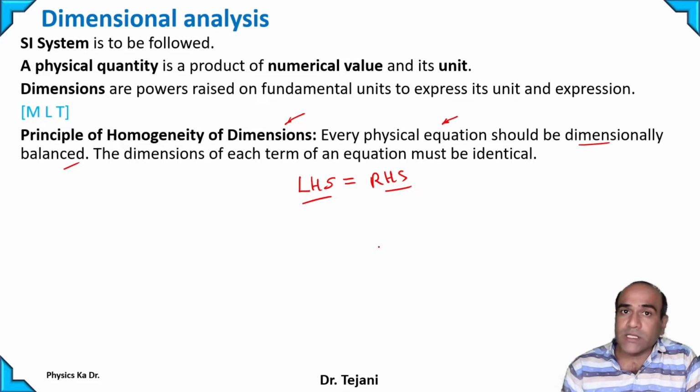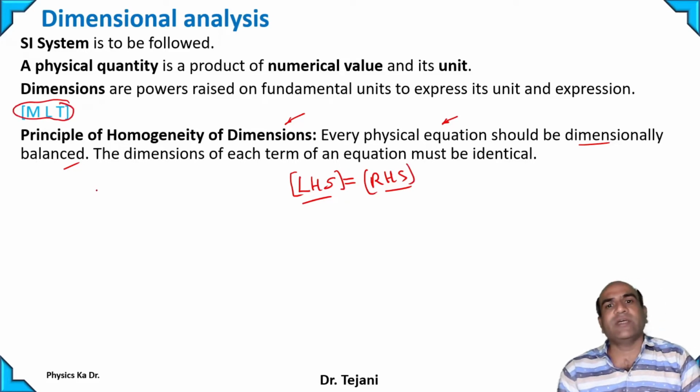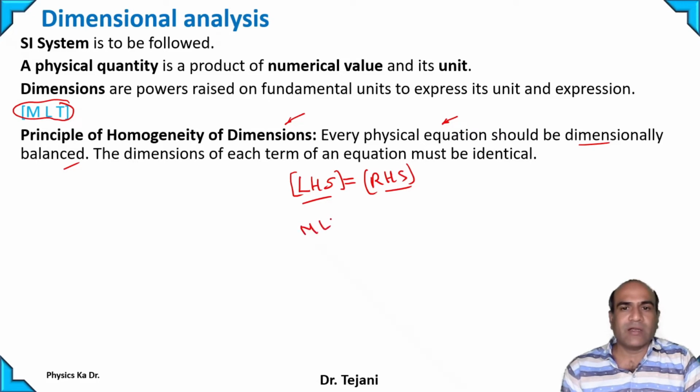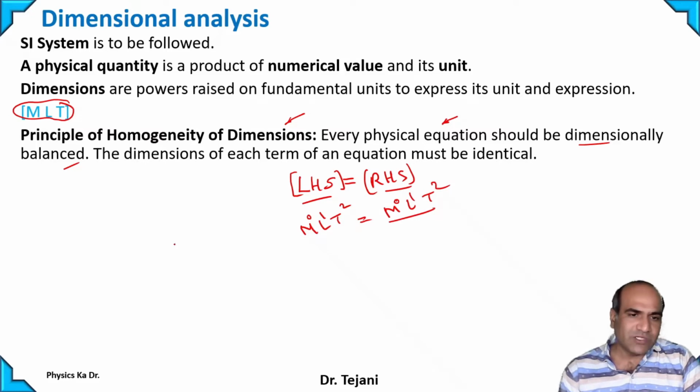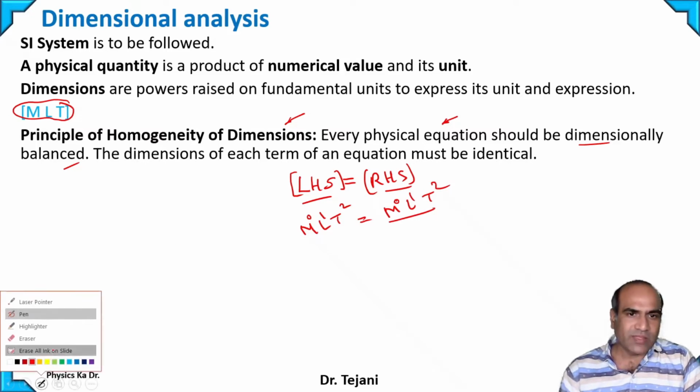We already studied this, yes or no? But here it is about the dimensions. We are talking about the terms M, L, T. Suppose M0, L1, T2, so on the other side also M must be 0, L must be 1, T must be 2. Dimensionally it has to be balanced.